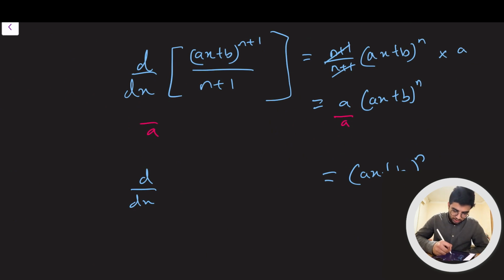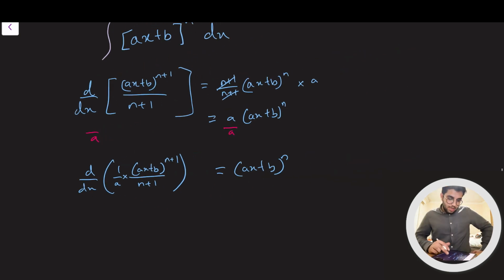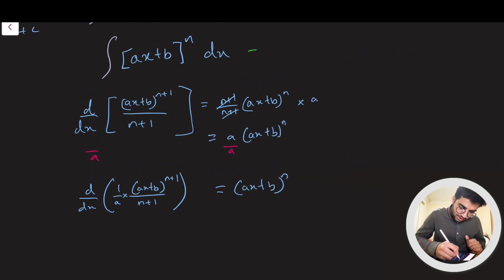So we'll just go with this: 1 on a, ax plus b to the n plus 1, over n plus 1.